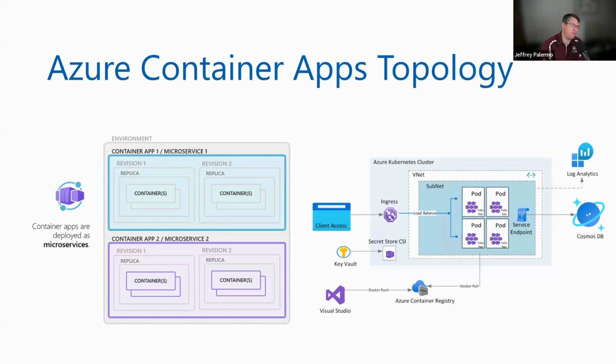You add the Dapr libraries to your application, and it takes advantage of multiple containers running inside a single pod, and it's called a sidecar container. And because the Kubernetes cluster around the pods is going to do virtual networking for you, it is going to isolate you in your own subnet.